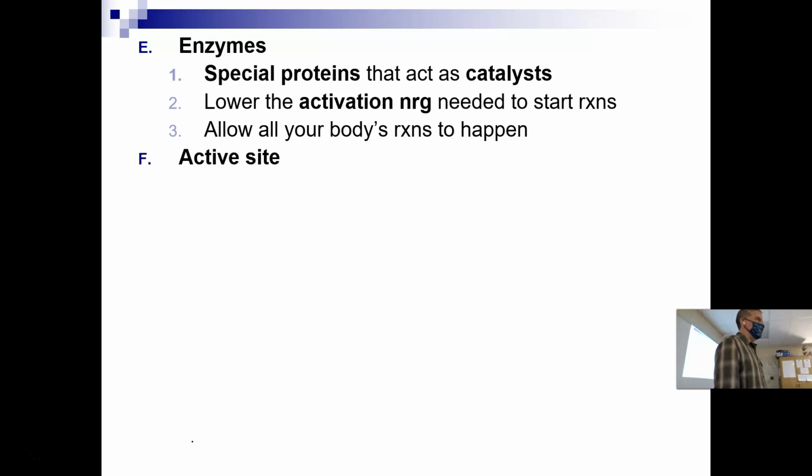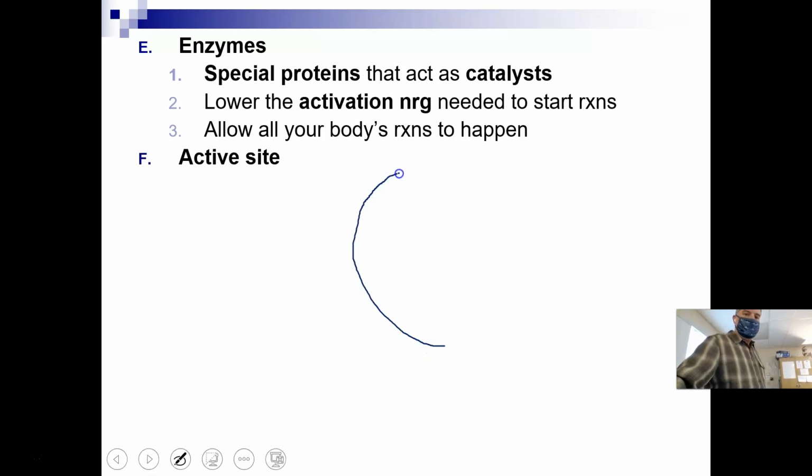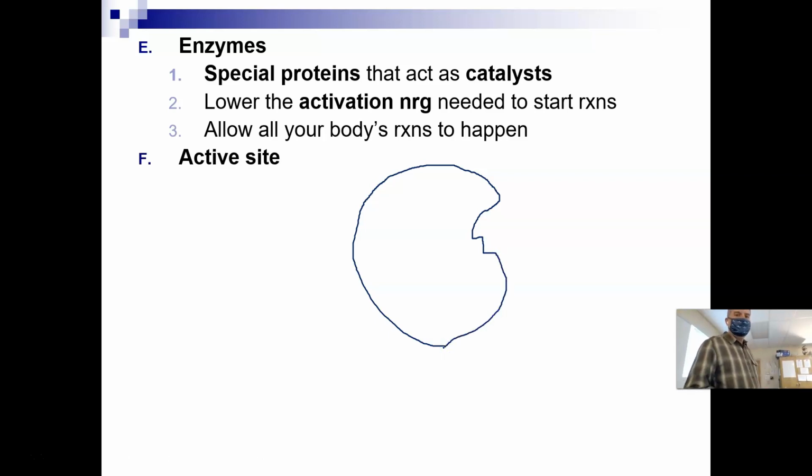That's just me being lazy. An enzyme has a shape. And that shape typically has some sort of little notch that we call the active site. Some kind of little specially shaped nook called the active site.